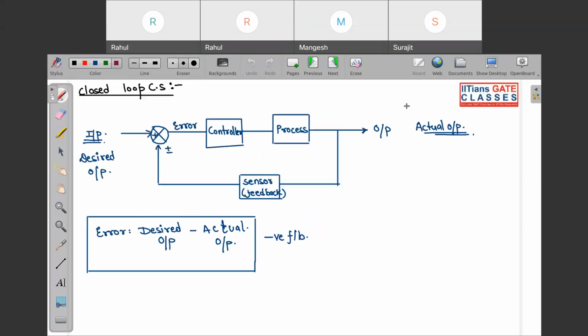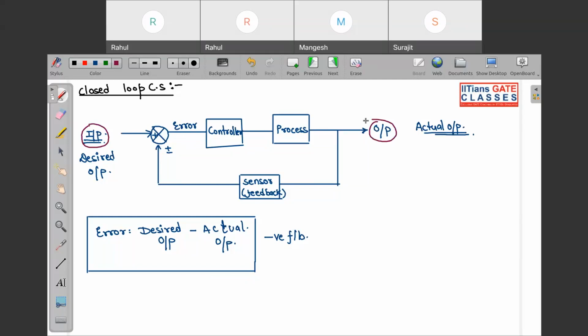Now what do we mean by a closed loop system? If you go back to your flow chart, I have already shown you that a closed loop system can be classified into positive feedback and negative feedback. A closed loop system is a system in which there is a relationship between input and output.